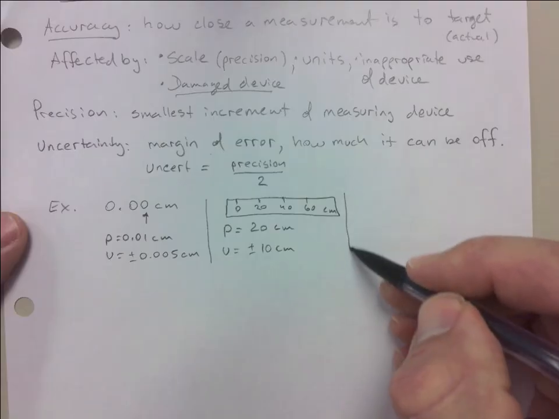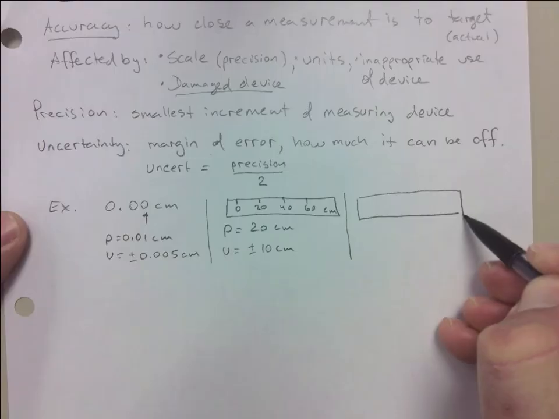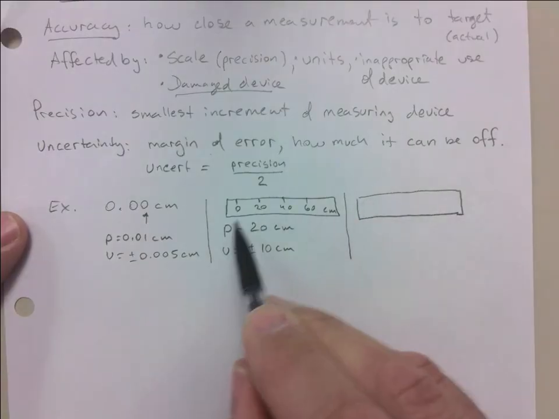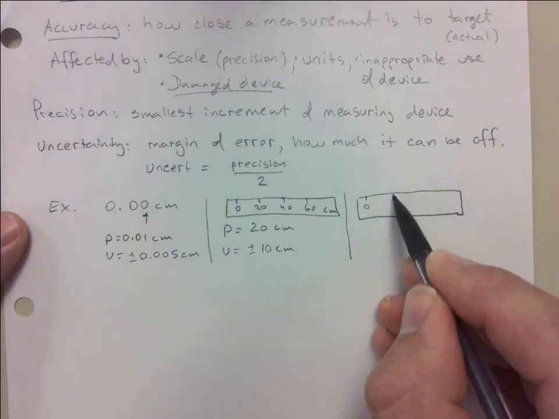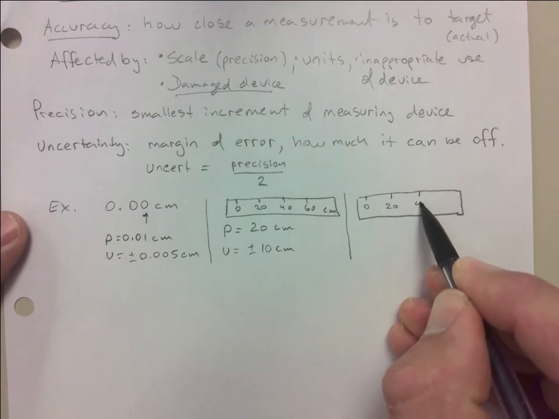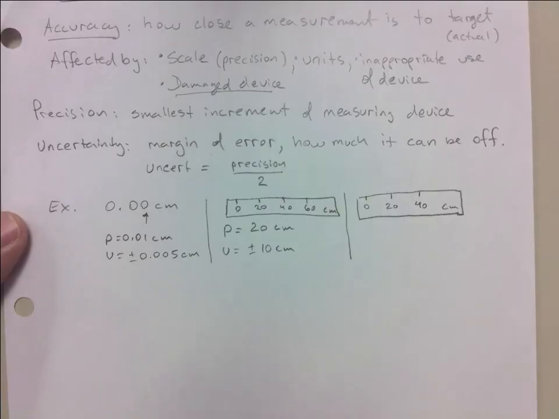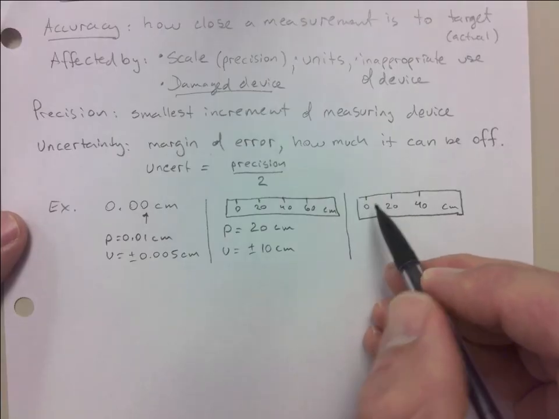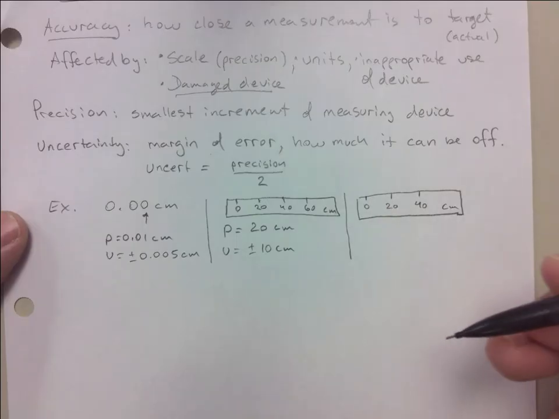It gets a little trickier, though, if you want another ruler. I'm going to use the exact same numbers, okay? I'm going to attempt to go up by 20. However, we're going to introduce a little added level of difficulty.